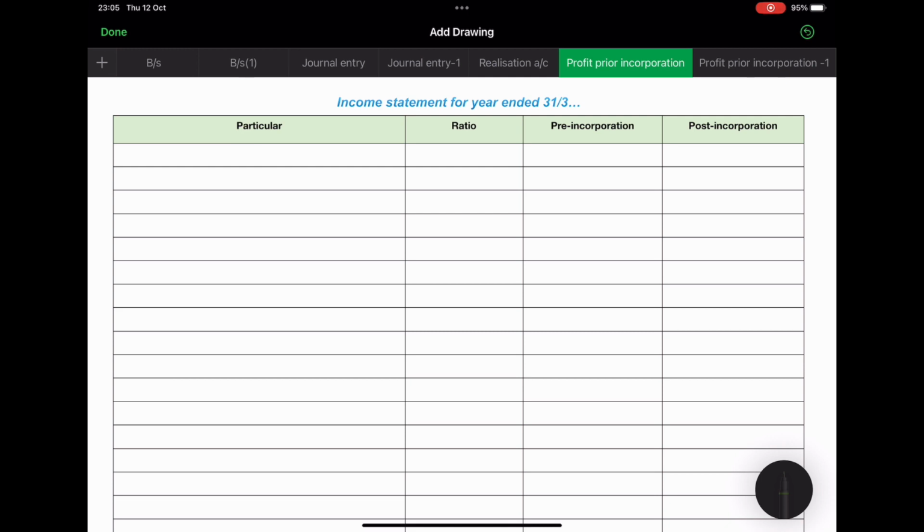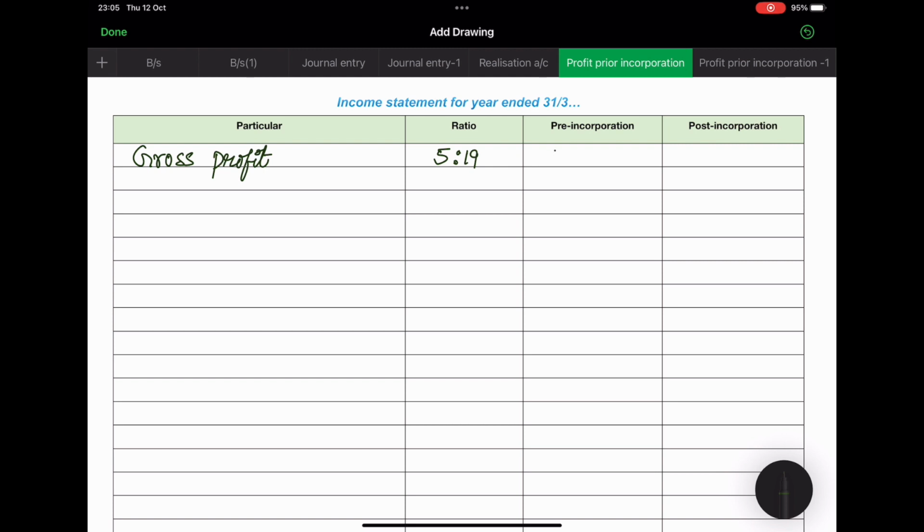As always, we are going to start with gross profit. Gross profit will be calculated on the sales ratio. We calculated the sales ratio as 5:19. So gross profit is 1,80,000 into 5 by 24. How did we get 24? 5 plus 19 is 24.